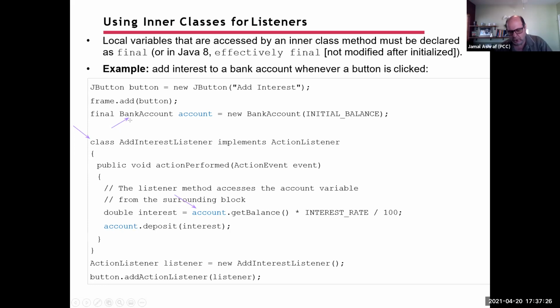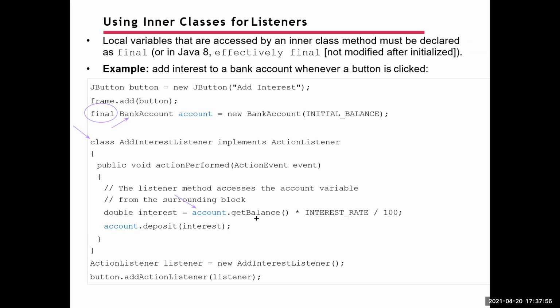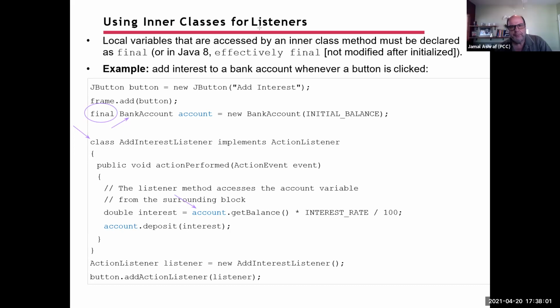And if I want to access the internal variables, they have to be called final. Otherwise, I cannot directly access it. In this case, it's not a huge thing because I'm calling the methods. I'm not calling anything directly in there. So why are they declared final? Local variables here.